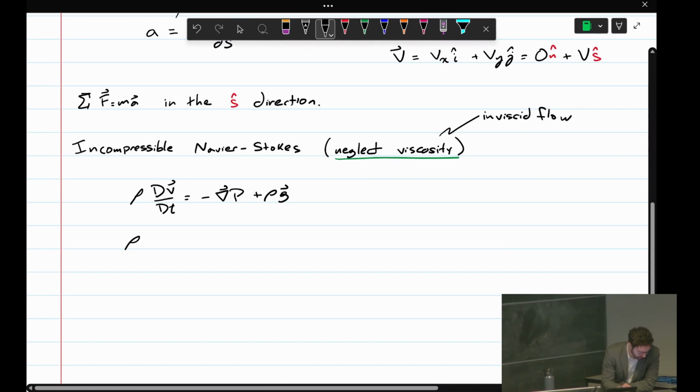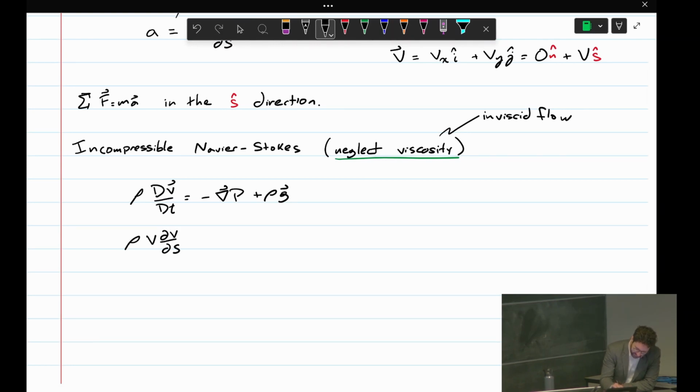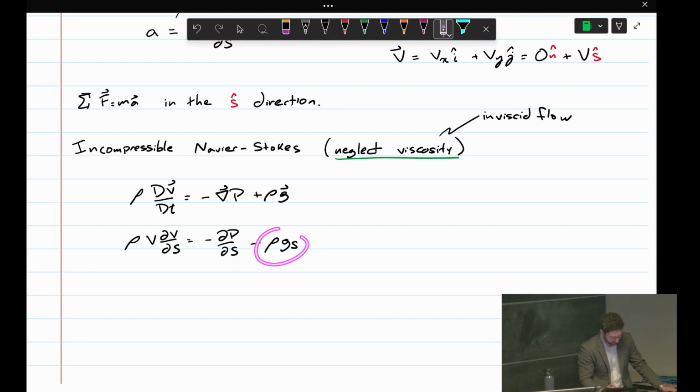So we get rho v partial v by partial s equals negative partial p by partial s minus rho gs. This is how we're going to define the gs. I'll talk about that rho gs term in a sec.